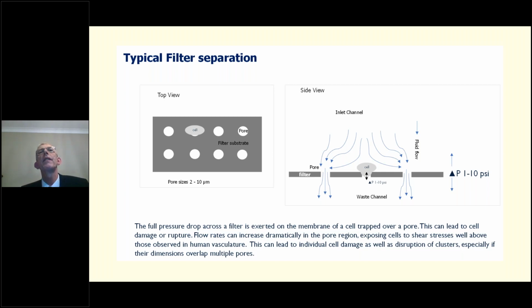But then we have the theoretical situation where a potential circulating tumor cell is sitting over one of these pores, while the fluid dynamics are rushing past this tumor cell, which may increase the flow rate or the pressure, the pascals, if you like, the unit of pressure against a specific area that might be rushing past this cell.